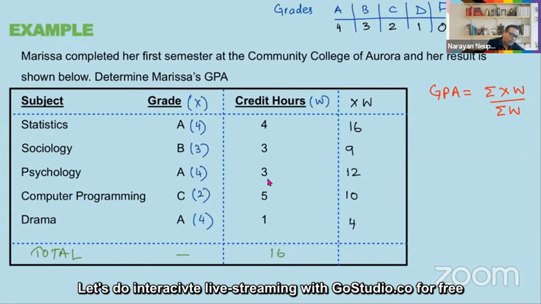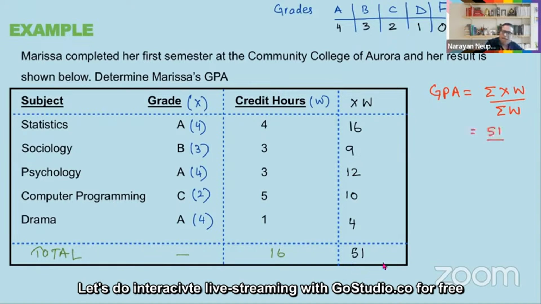And if you add all that, what is that equal to? 51, right? Now you can see that the sum of x times w is 51.